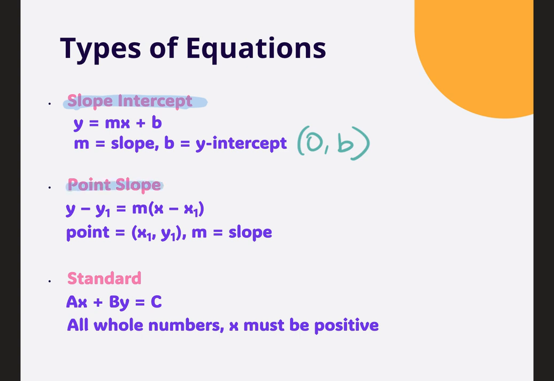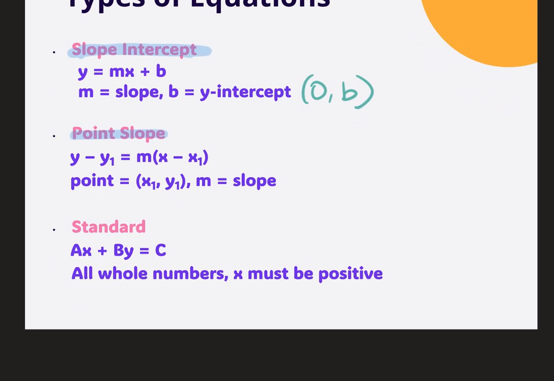Then comes point slope. That is y minus y1 equals m times x minus x1. In that equation, the x1 and the y1 is what we replace, and then the m is your slope.